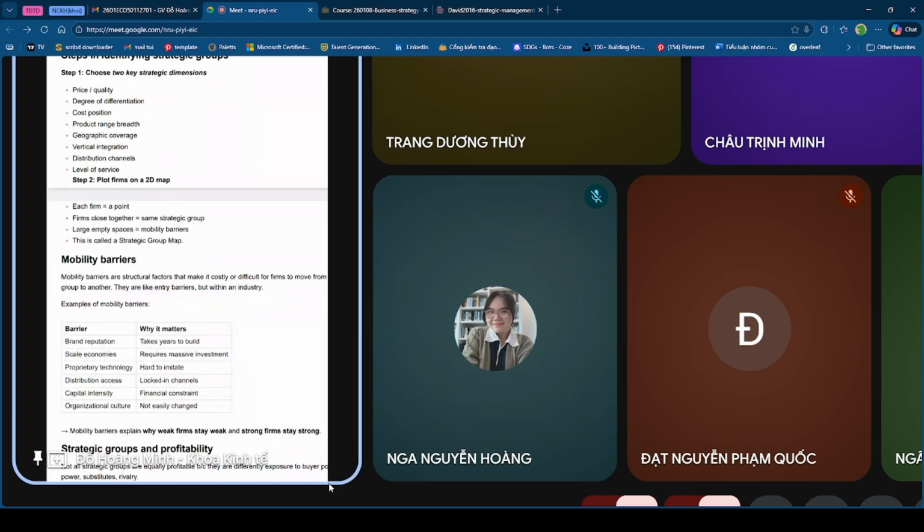As you see, the first strategic dimension is price and quality. The second is degree of differentiation, cost position, product range breadth, geographic coverage, integration, distribution, etc. These are strategic dimensions that we will use to classify whether or not a firm belongs to this group, not the other group.